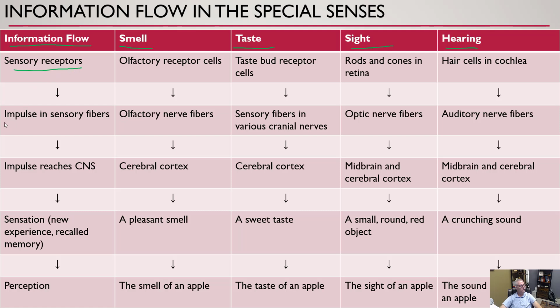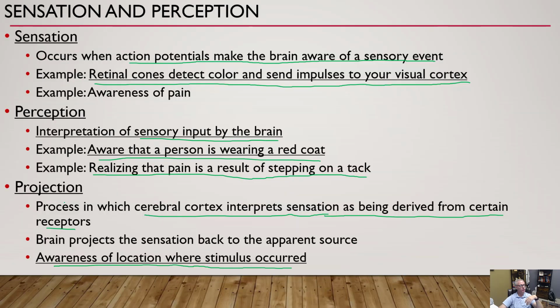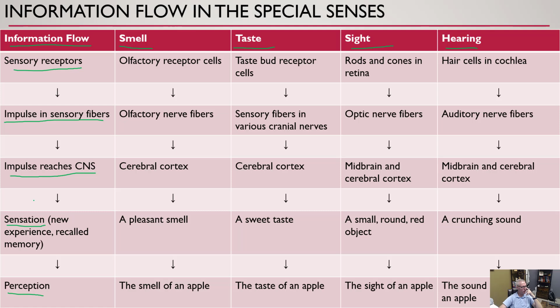And somewhere we're going to have that impulse in the sensory fibers. So those sensory fibers pick up that impulse. And then that impulse is going to reach the central nervous system. And then we have a sensation. It could be a new sensation, it could be a recalled memory. And then we have perception. We're not going to get into projection, the last one in this information flow.